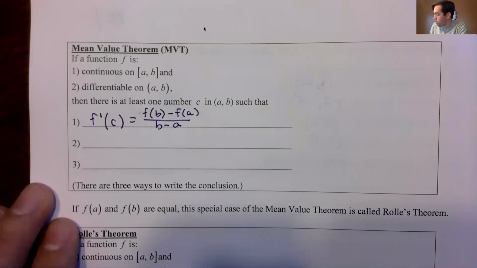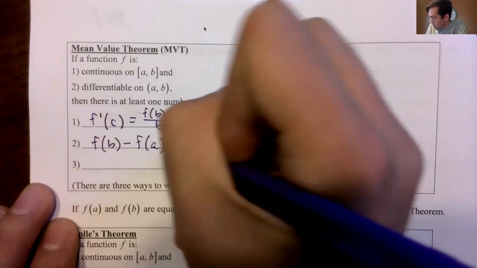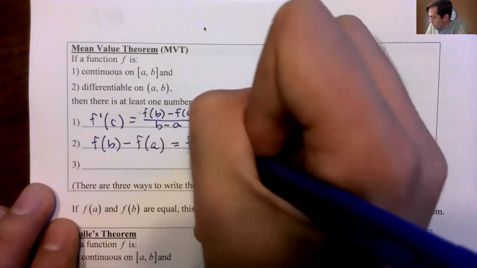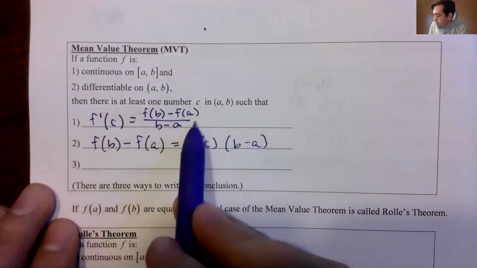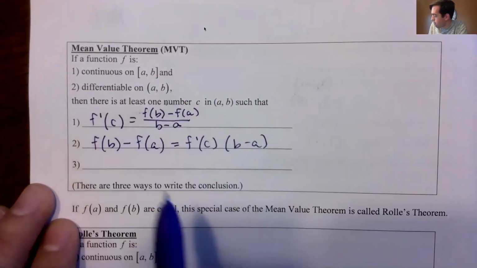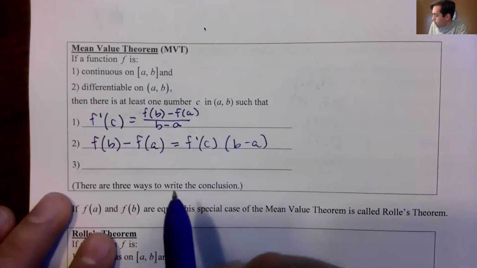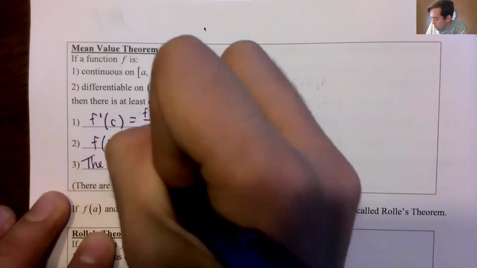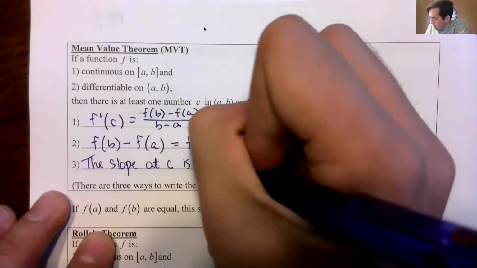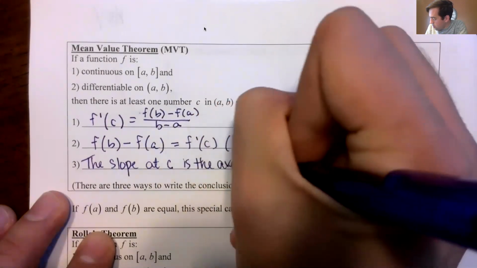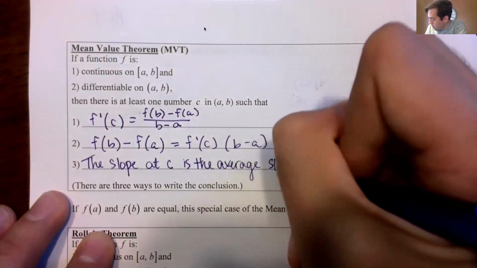Number 2 is just a reworking of that same thing. f of b minus f of a is going to equal f prime of c times b minus a. That's just the same equation, but we multiply b minus a to the left. And number 3, the slope at c is the average slope from a to b.